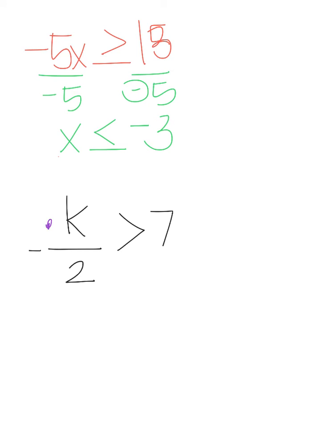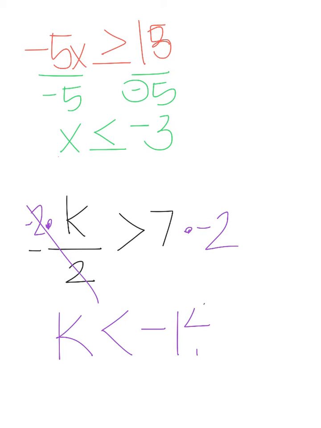So I'm going to multiply by negative 2 on both sides. So I get k is less than, because I multiplied by a negative, negative 14. K is less than negative 14.